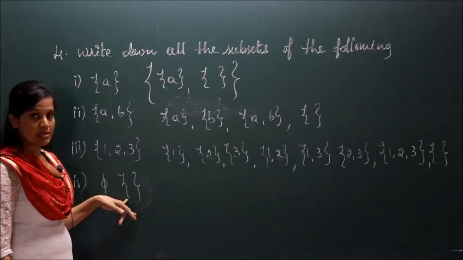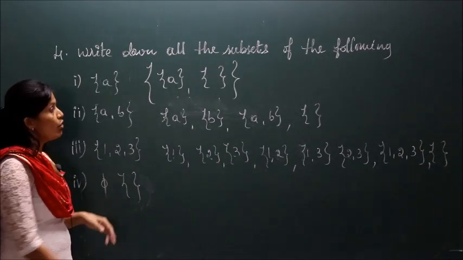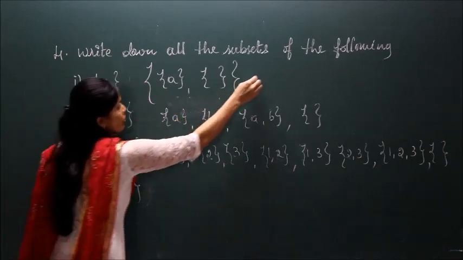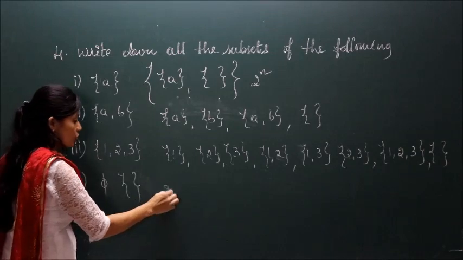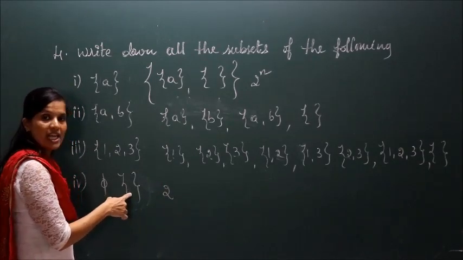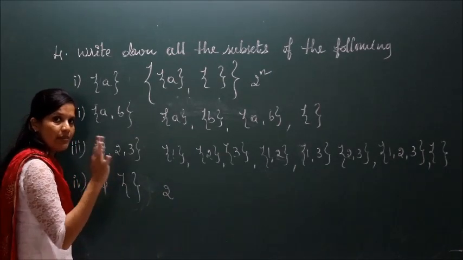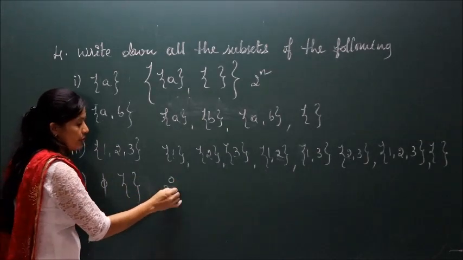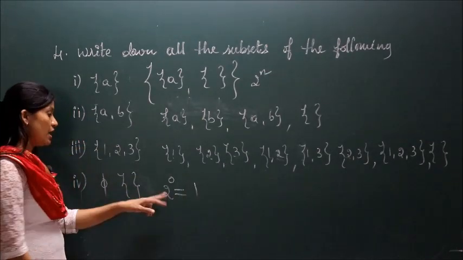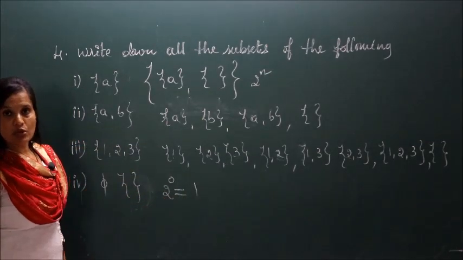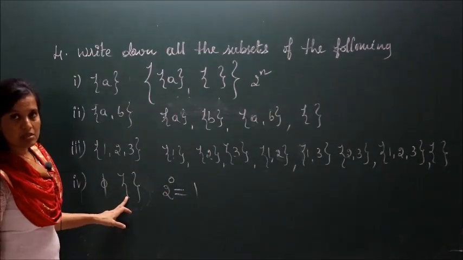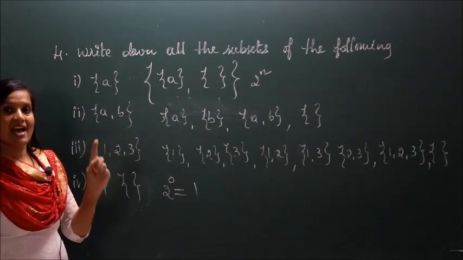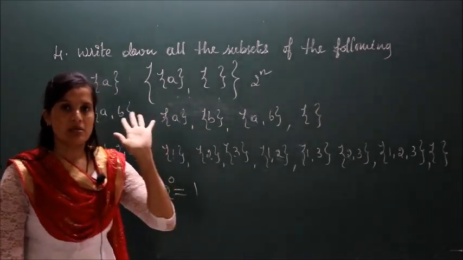Only one subset. Why? The formula is 2 to the power n, number of subsets, where n is the number of elements. How many elements are there in the null set? No element, 0. 2 to the power 0 is 1. Any number to the power 0 is always equal to 1. So how many subsets will you get? You will get only one subset. So null set has only one subset.